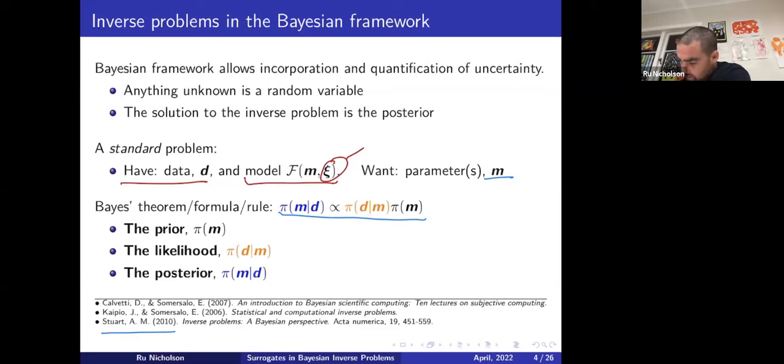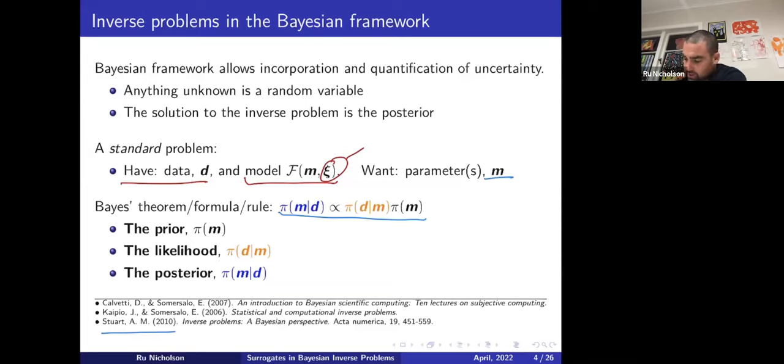And so Bayes' theorem or formula again gives us that the posterior is proportional to the product of the likelihood and the prior. The prior encodes all beliefs we have about the parameters prior to considering the data.